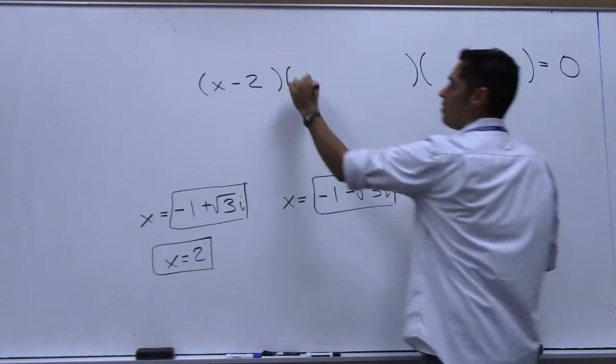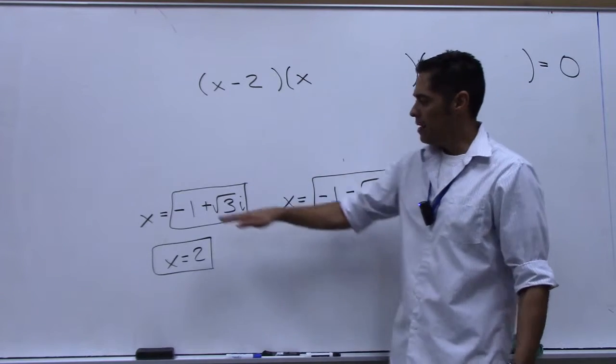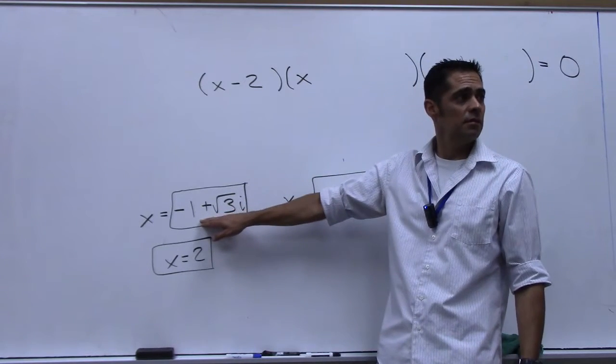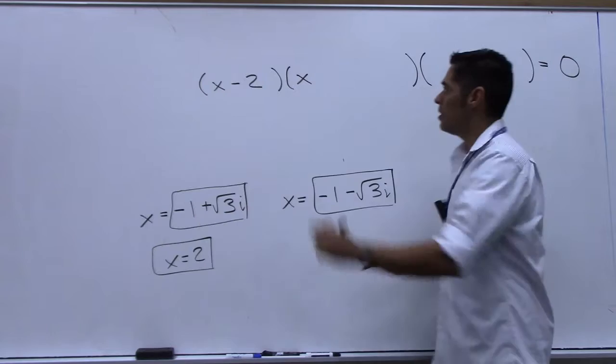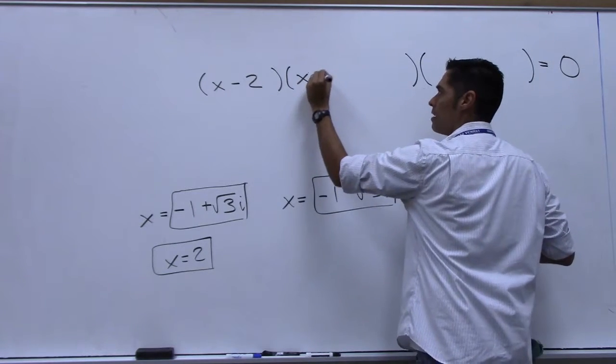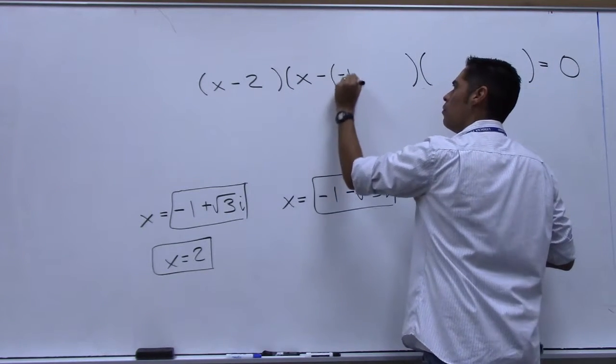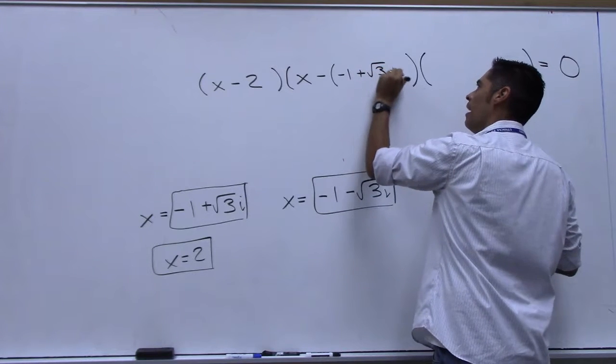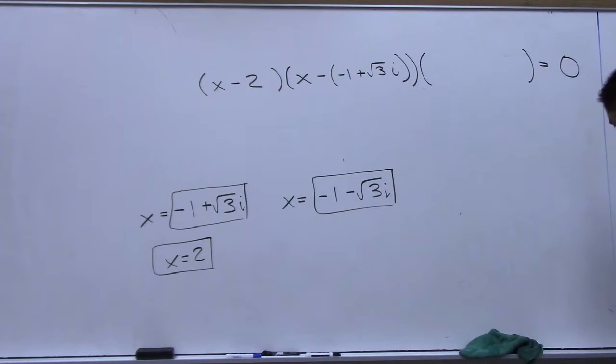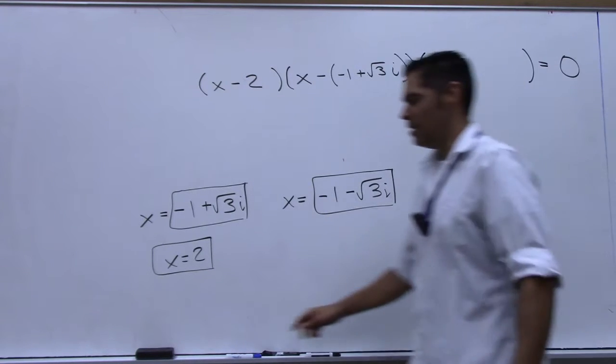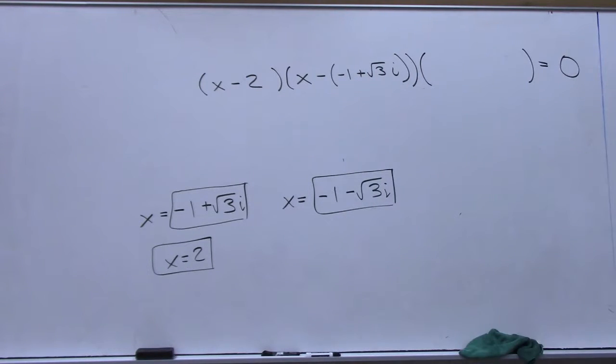It would be x, and then the opposite of what I see here. So let me see. How about this? Could I do this? X minus (-1 plus root 3i). Does everyone agree? Okay. I said, does everyone agree?